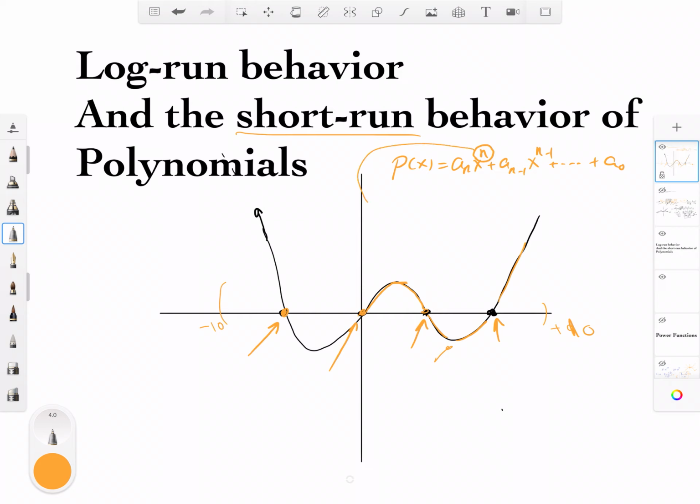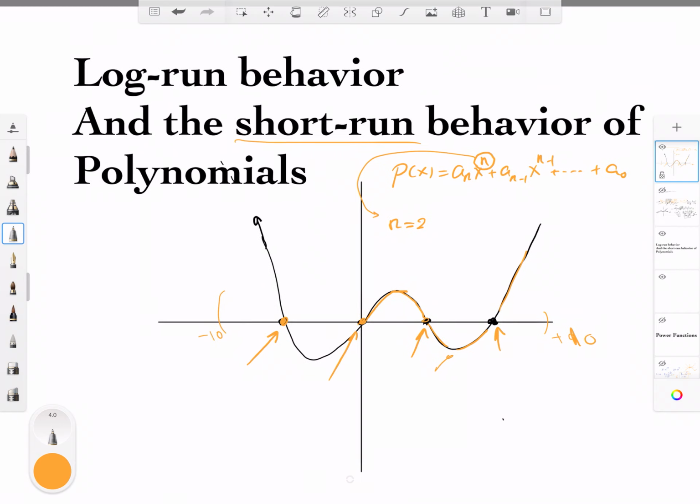If n equals 2, we have at most 2 solutions. If n equals 3, we have at most 3 solutions, and n equals 4, we have at most 4 solutions. So in this graph, we have 1 solution, 2 solutions, 3 solutions, 4 solutions.